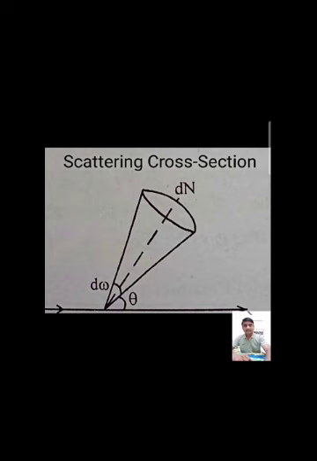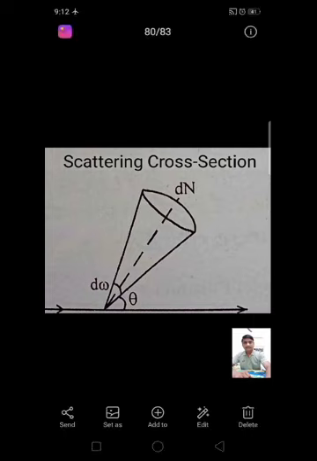So here the intensity of scattering, that is the flux of incident alpha particles, can be written as N. Directly we say N is the number of incident alpha particles. Let us consider the solid angle dω.